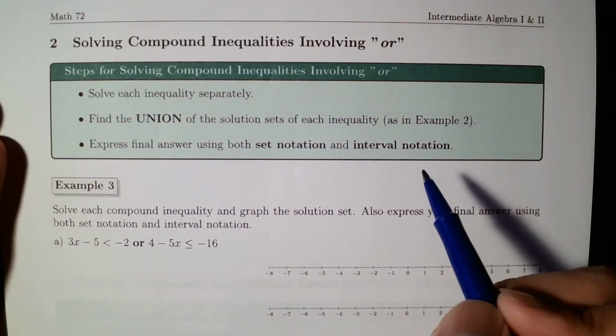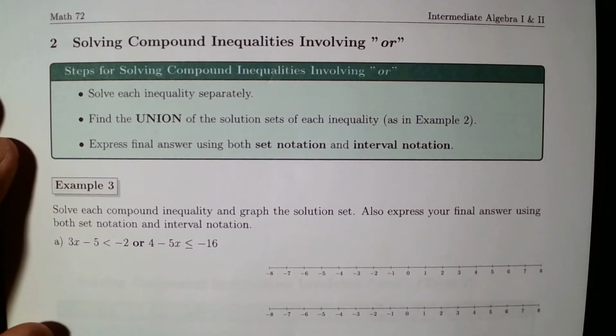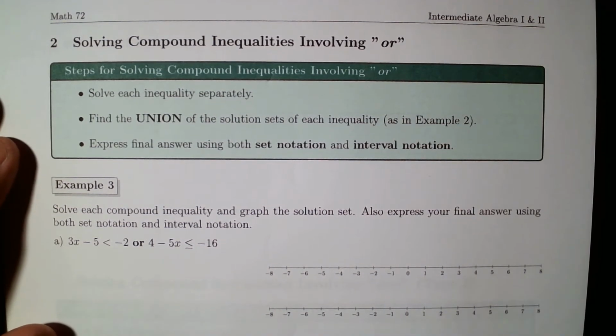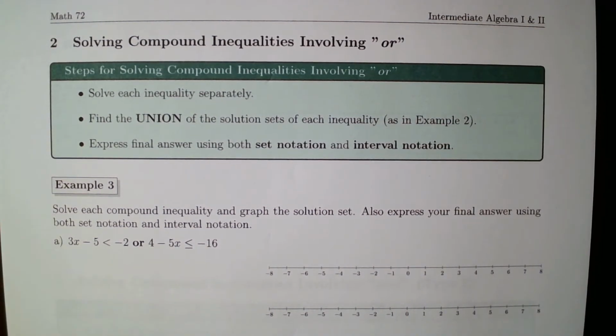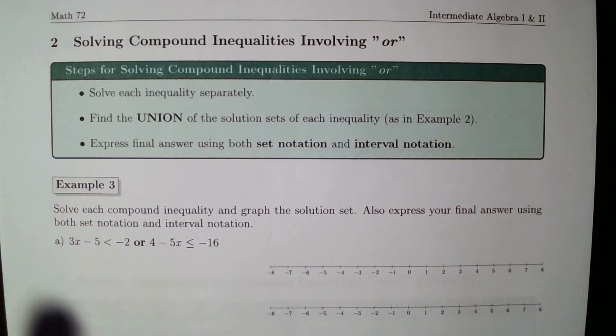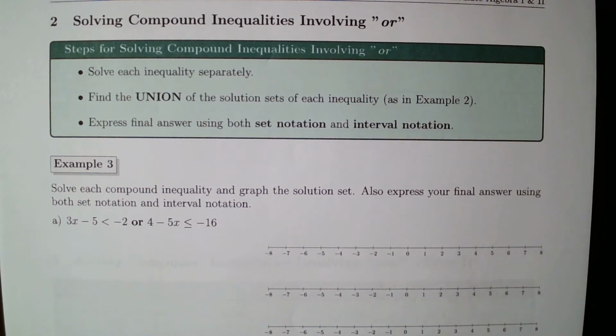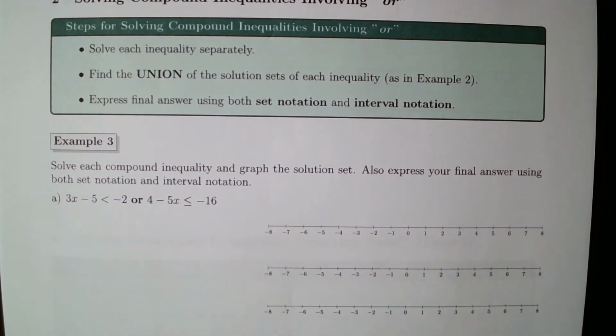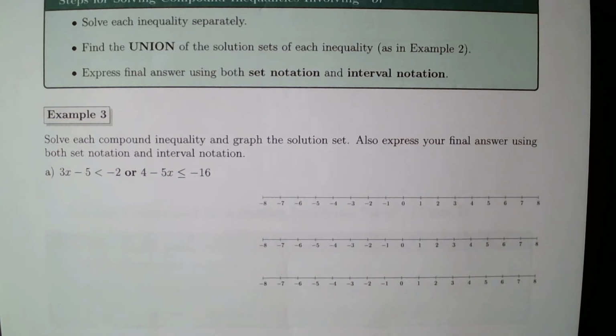That's coming back. I'm glad we're practicing some of those to prepare you for the next type of exercises. And then express the final answer using both set notation and interval notation. Mostly we would do interval notation, but I'm actually going to do both of them.